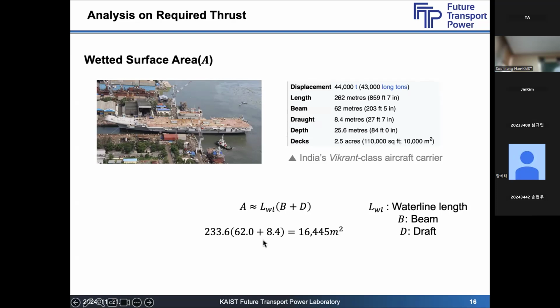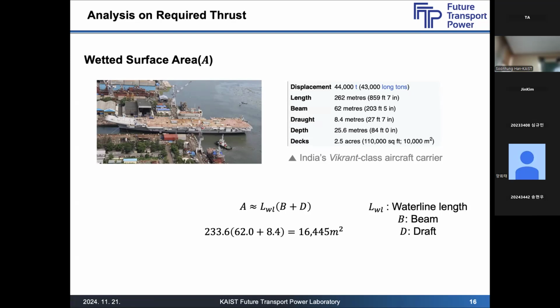For the numbers here, just as we did for the renewable approach analysis, we use an aircraft carrier of similar size with known numbers, and we got approximately 16,000 square meters for the surface area.